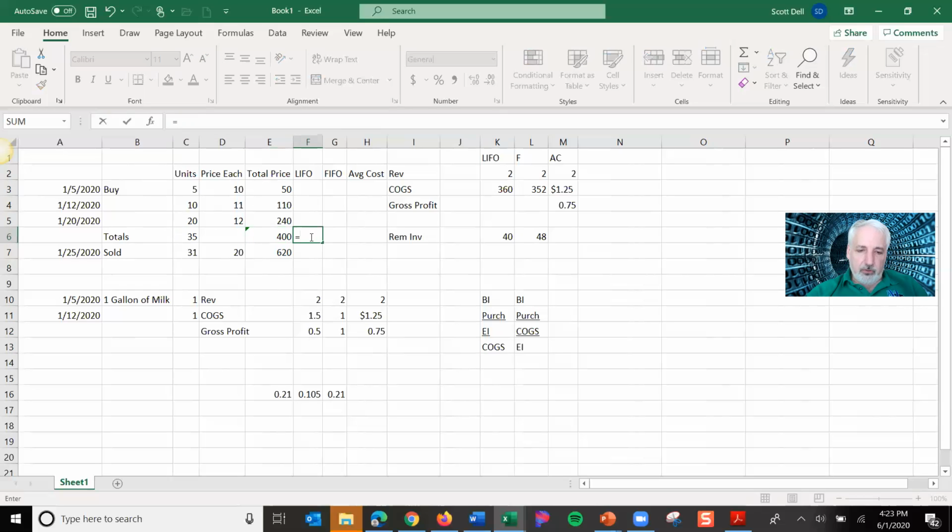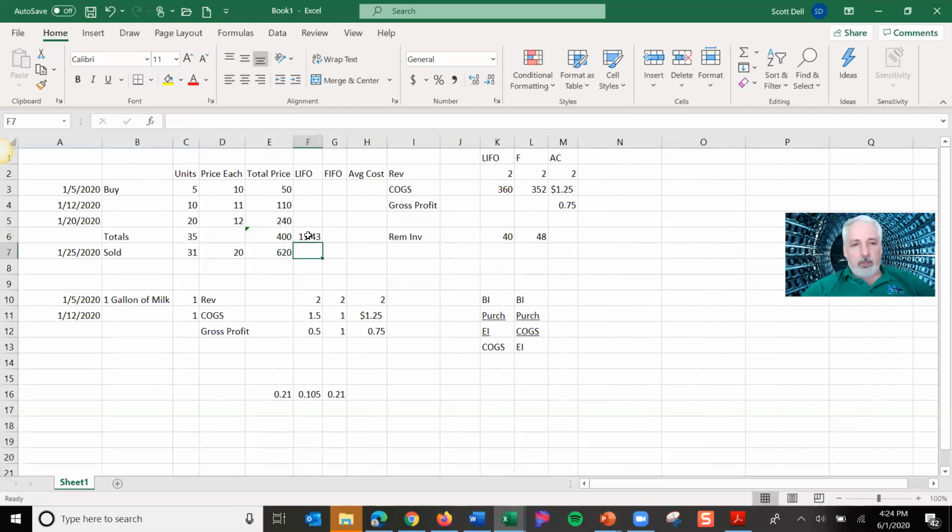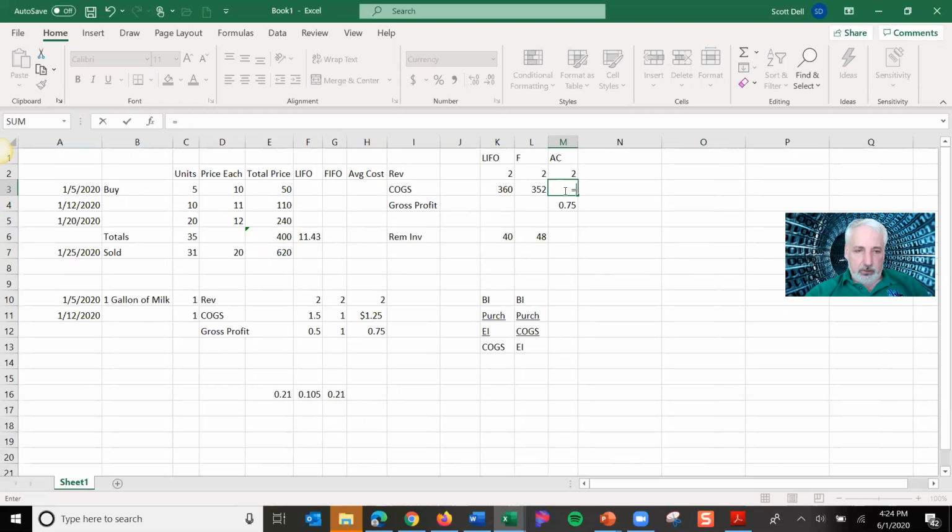That equals about $11.43 per unit. I'm heavily weighted towards my January 20 units. So I have a weighted average, not just a straight average. I'm not taking the average of my prices. I'm taking the $400 divided by my total units, 35 units. So on average cost, I've got $11.43.